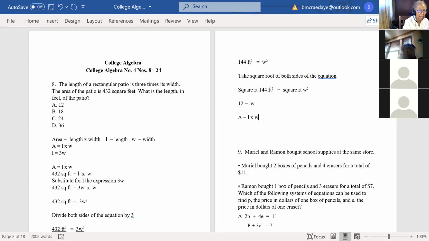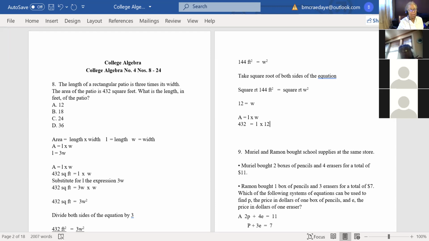How would I find the length? The length, this is 432. I'll just put it in, right? Because that was given in the problem. The length is what we're looking for. We know the width. The width is 12.